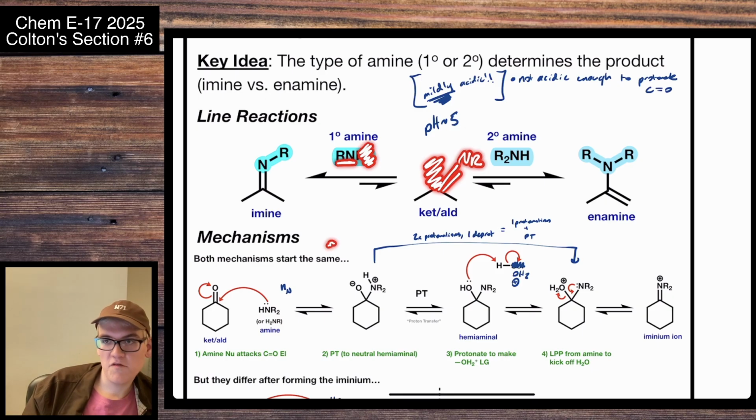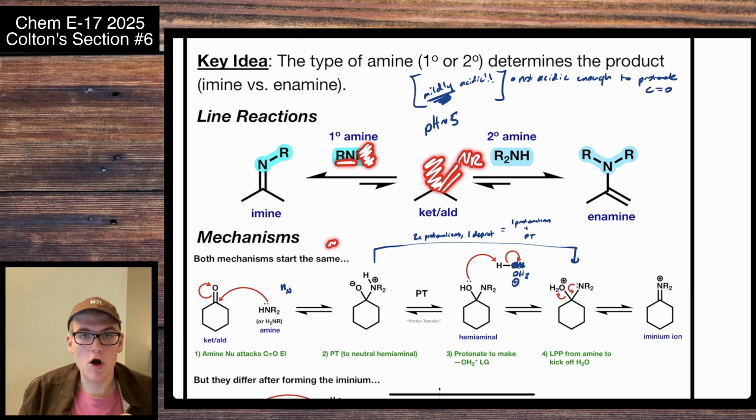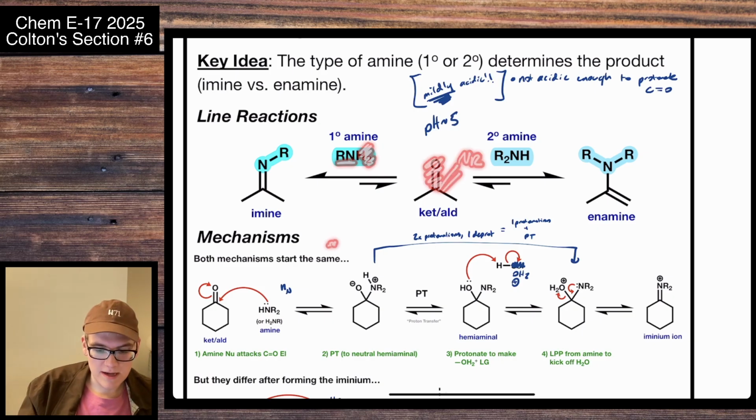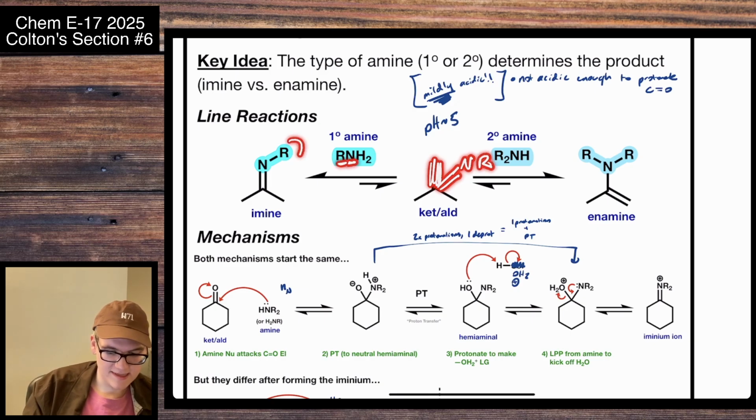Do you buy that as a fake mechanism for how we can draw the product from the starting material? We erase the carbonyl, we put a double bond to a nitrogen, and that nitrogen has this R group on it, and it looks like we've just erased the hydrogens.